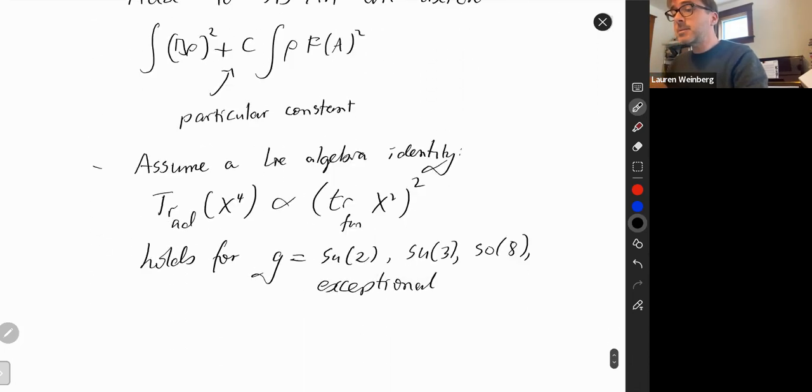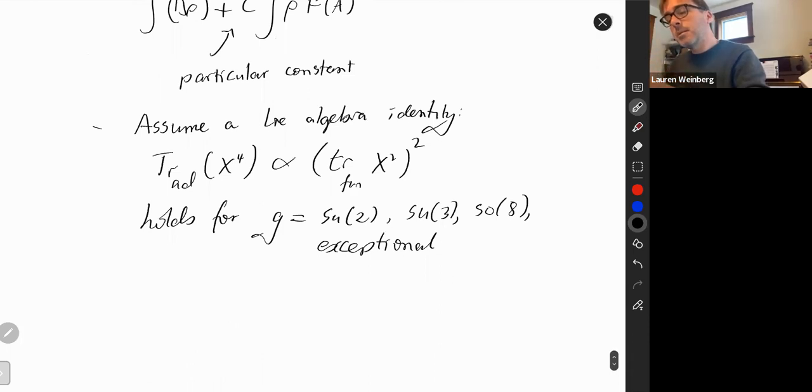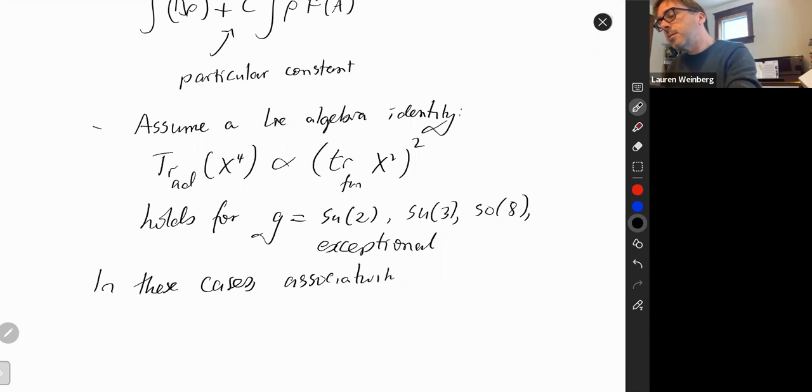In these cases, associativity is restored.